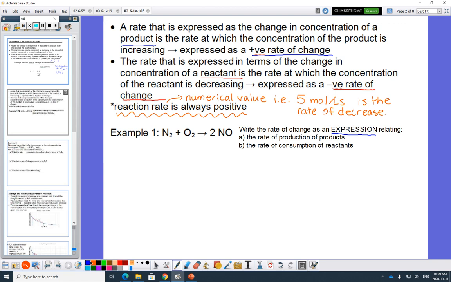So if you have a numerical value like 5 moles per liter second, how is concentration changing over time? Then if it's a reactant or the rate of decrease, when you do the math, you would get -5.